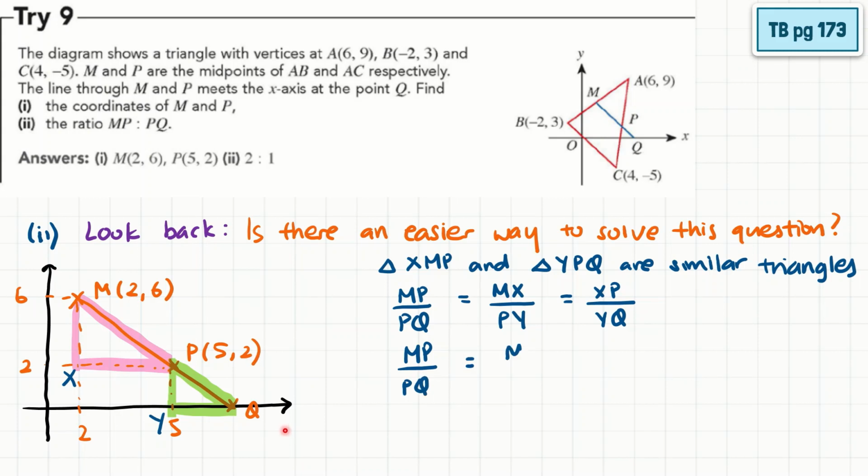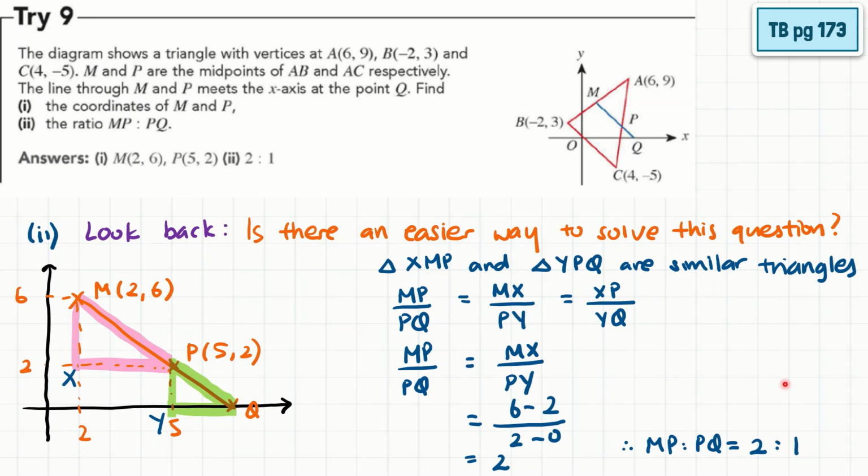So in my calculation, MP over PQ equals 6 minus 2 over 2 minus 0, which simplifies to 2. Pardon my sneeze. Therefore 2 is a whole number, which is 2 over 1, and therefore my ratio will be 2:1.